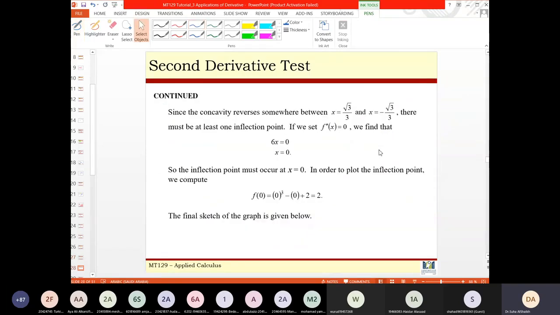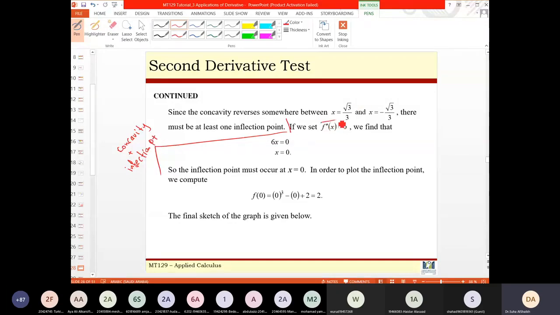The second part, I want to study the f double dash. So in here, we are going to work with concavity and inflection point.